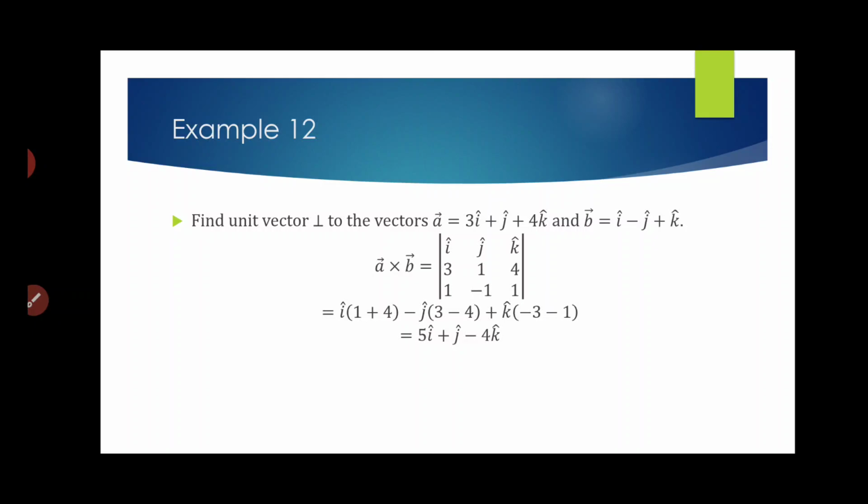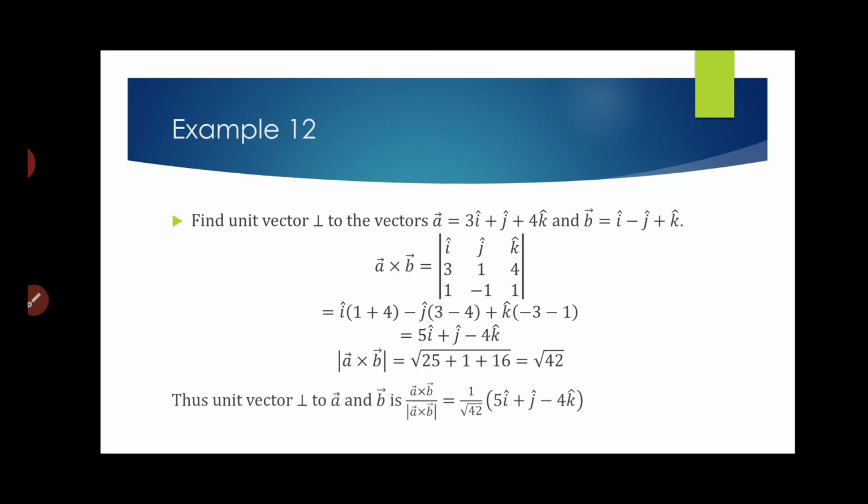So this is what our cross product is. And then to find the unit vector along this direction, I need to divide it by the magnitude. So let us first find the magnitude, that is root over 42. And if I divide it by the magnitude, this is my unit vector perpendicular to a and b.